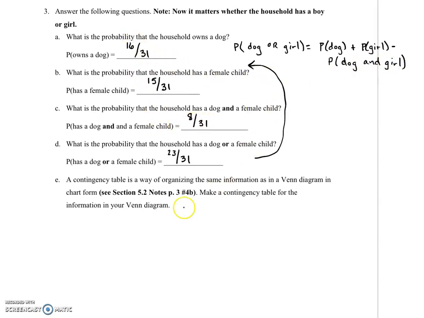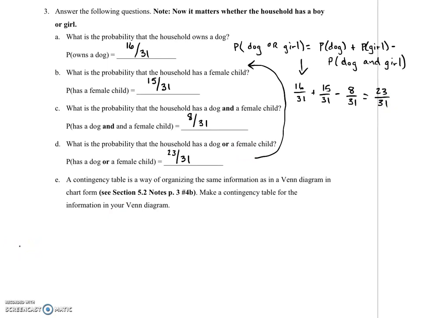So again, we figured out all those probabilities. So if we use them, we have 16 over 31 plus 15 over 31 minus 8 over 31, which is 23 over 31.